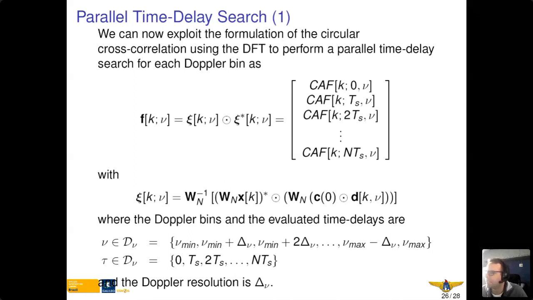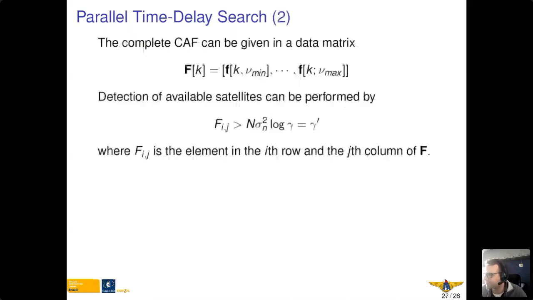This can be quite complex depending on the implementation, but in the end we can form a CAF matrix for all these probed Dopplers, and we can create a decision.